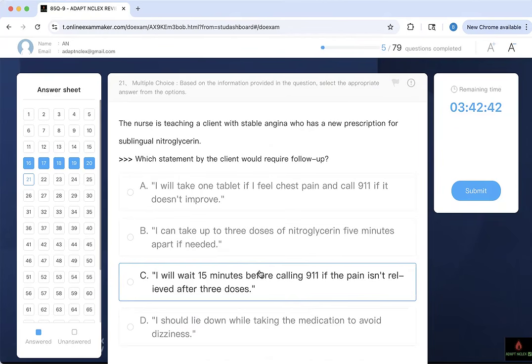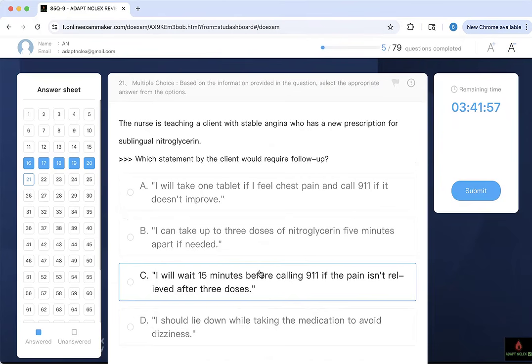Is that okay? I can take up to 3 doses of nitroglycerin, 5 minutes apart if needed. What do you think? I will wait 15 minutes before calling 911 if the pain isn't relieved after 3 doses. Lie down while taking the medication to avoid dizziness. Which statement requires follow-up? You pick an answer.